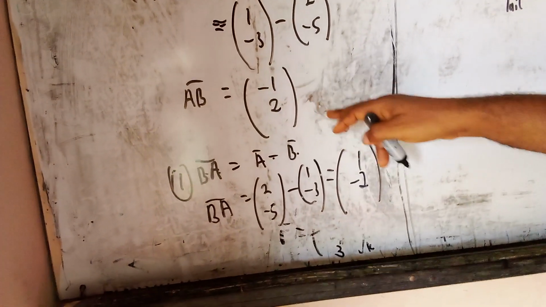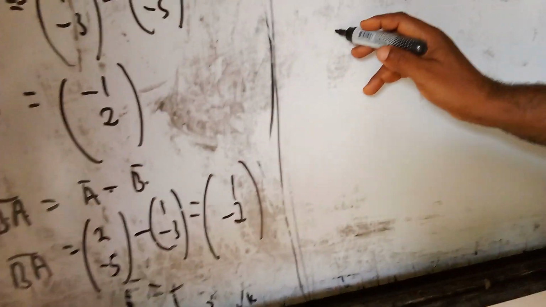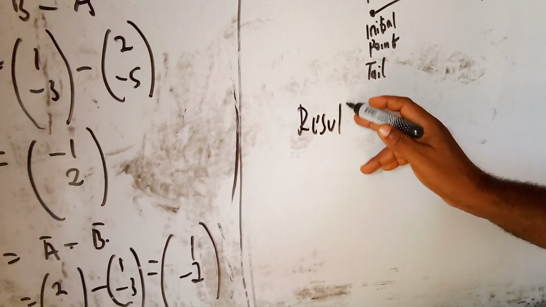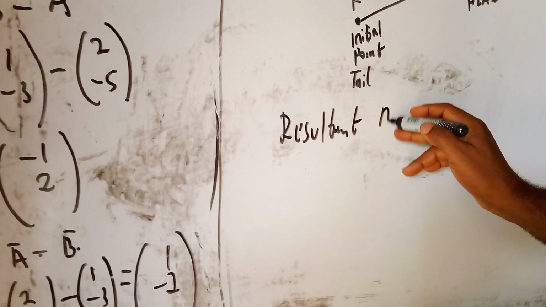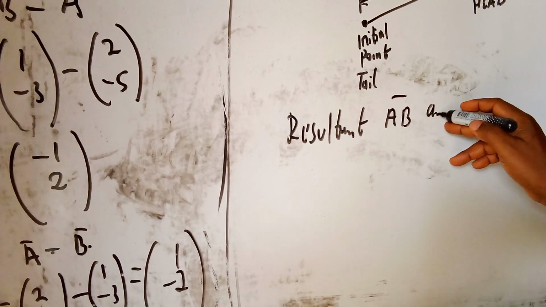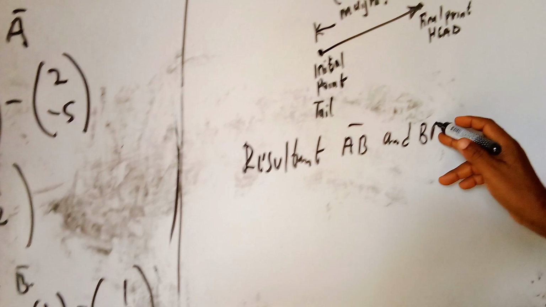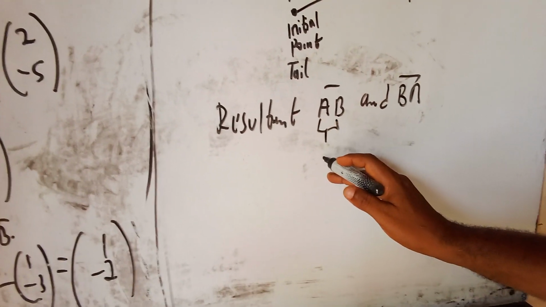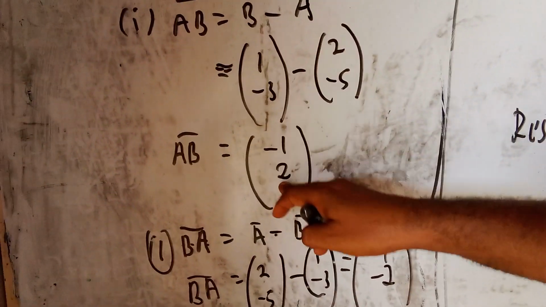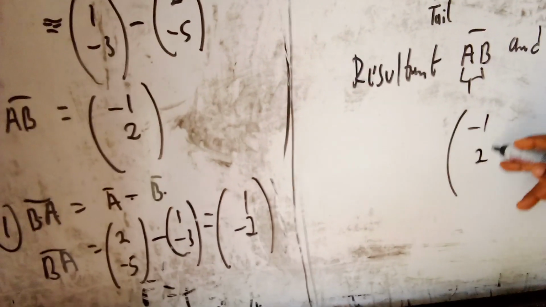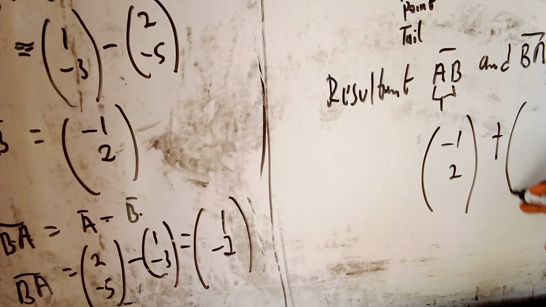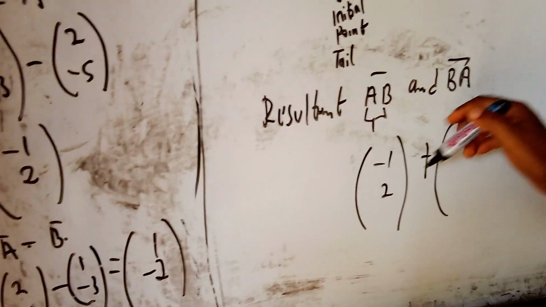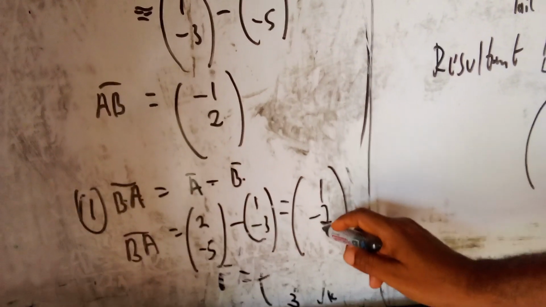Then I want us to take note of something. What is the resultant of combining vector AB and vector BA? What will it give us? Now, the result of vector AB that we got the other time is minus 1, 2. I want to combine it with the result of vector BA, which is 1 and minus 2.